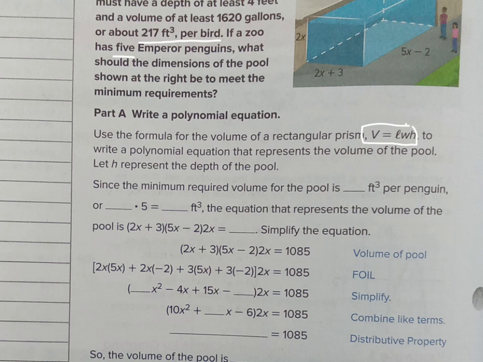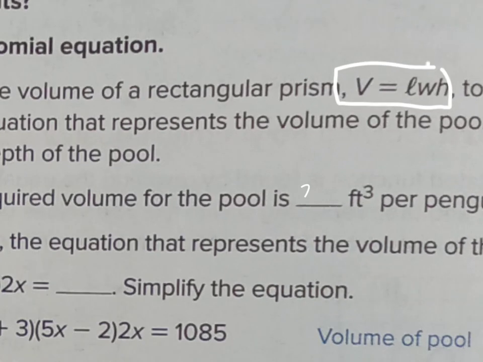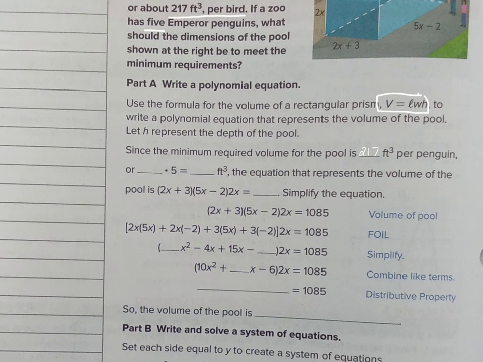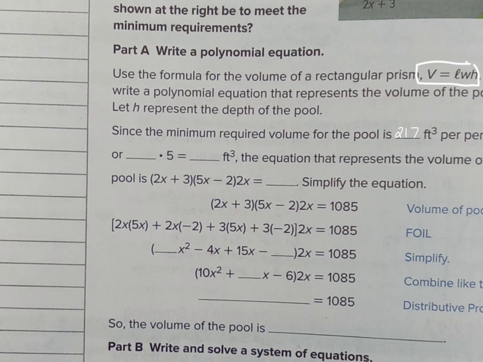All right. Since the minimum required volume of the pool is what per penguin? 4 feet. No, we're talking about volume though. 217 cubic feet. Okay, the 4 was the height. It has to be at least 4. Or, since we don't have just 1 penguin, how do we find how much we need for 5 penguins?